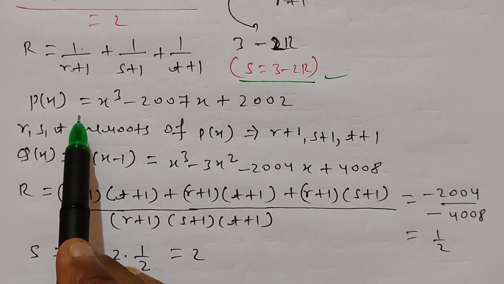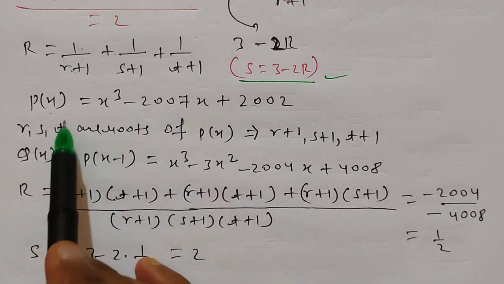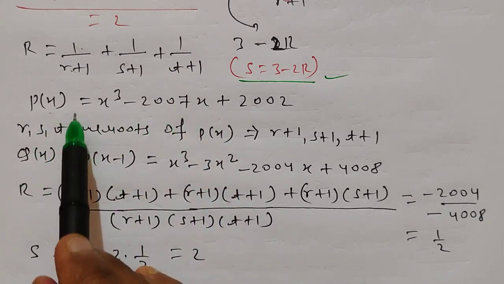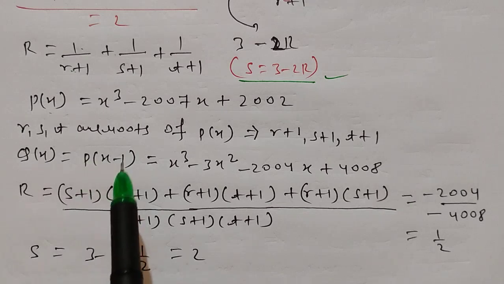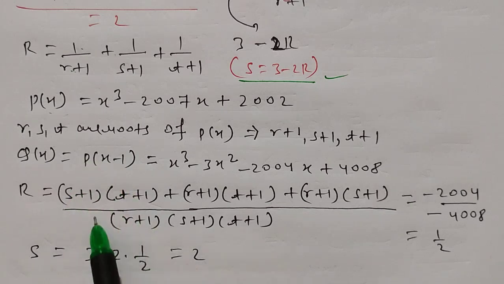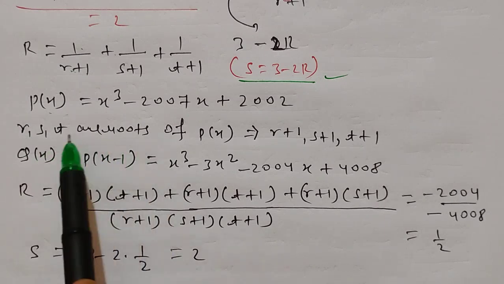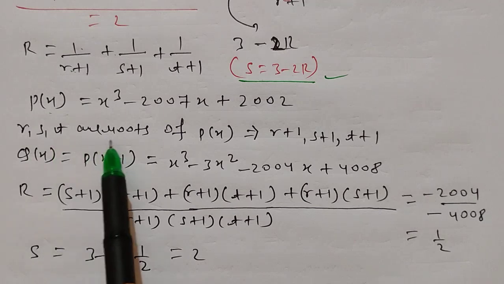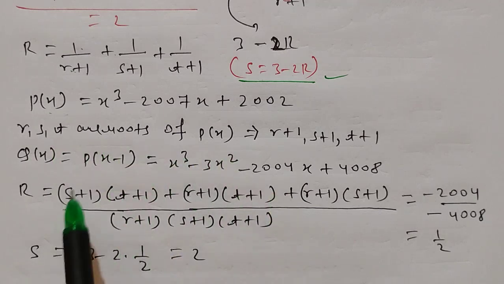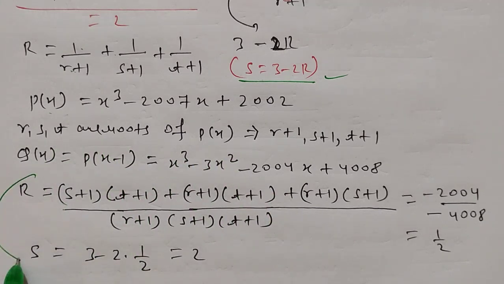Then we have the polynomial equation in terms of x, using r, s, t as roots, and we use the important theorem, Vieta's theorem.